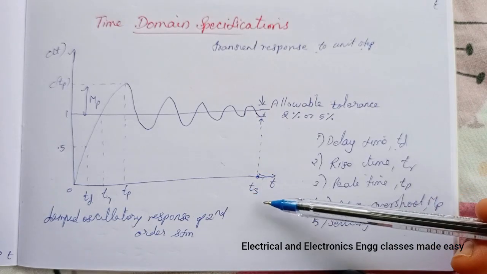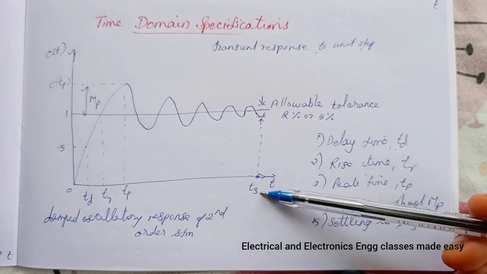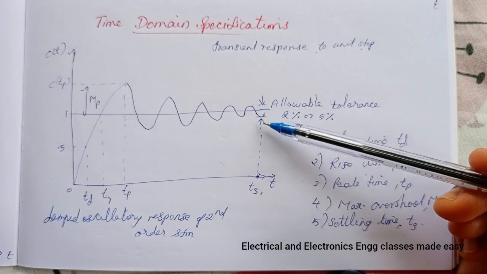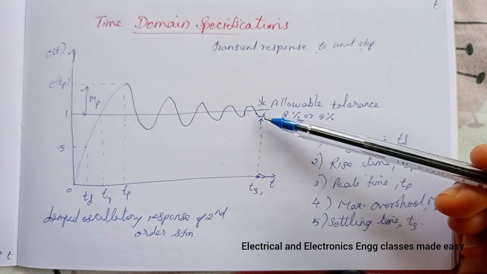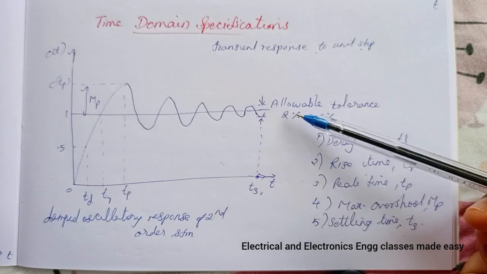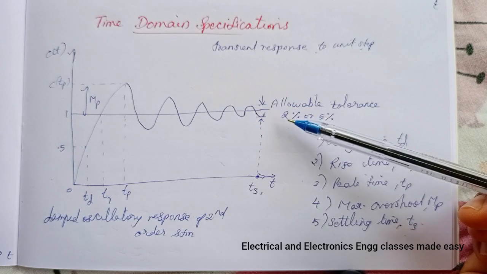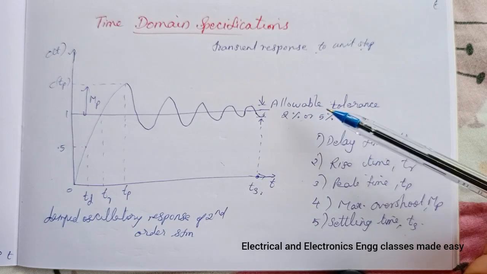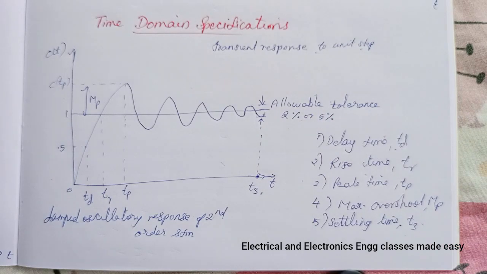Then settling time TS. It is defined as the time taken by the response to reach and stay within a specified error, usually expressed as a percentage of the final value. The usual tolerable error is 2% or 5% of the final value.